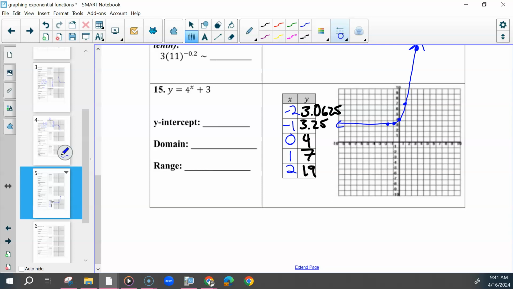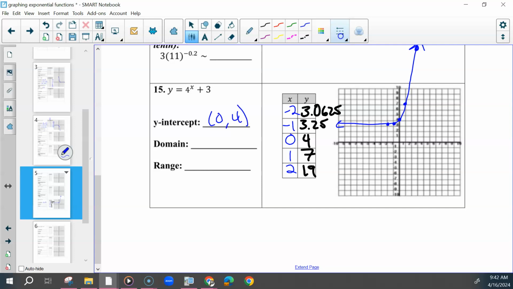What's the y-intercept of this one? You know it, you can say that one. 4.